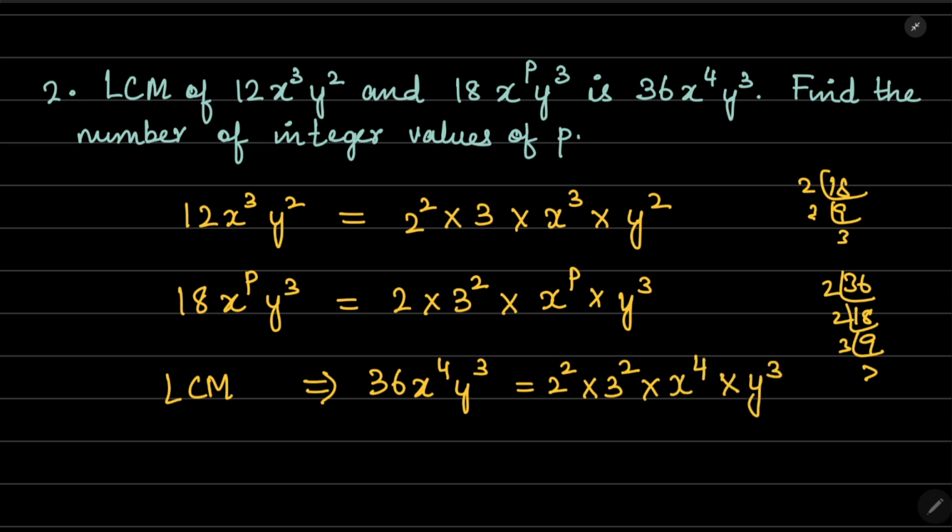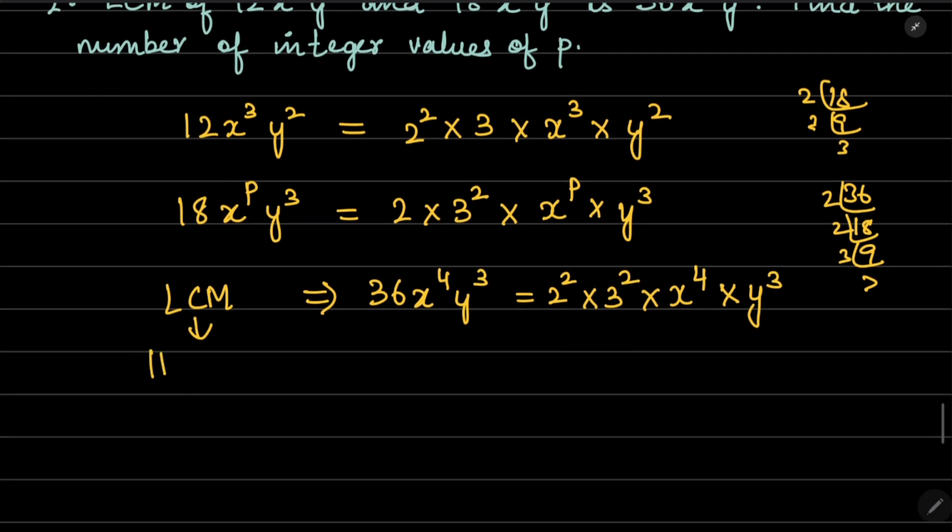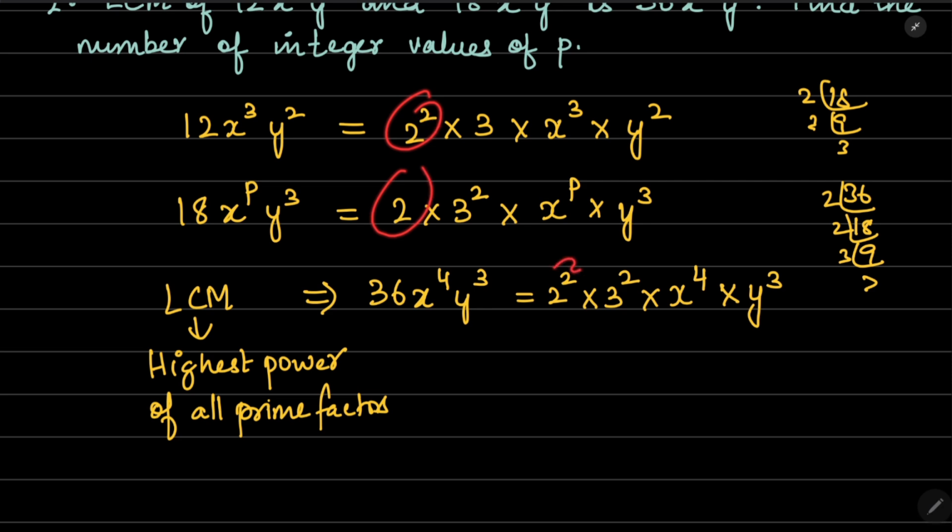Okay. Now you have to find p. Normally for LCM what we would take is the highest power of all the prime factors, right? For 2, the highest power is 2 square. For 3, the highest power is 3 square. For y, again the highest power is y cube. So the highest powers will give your LCM.